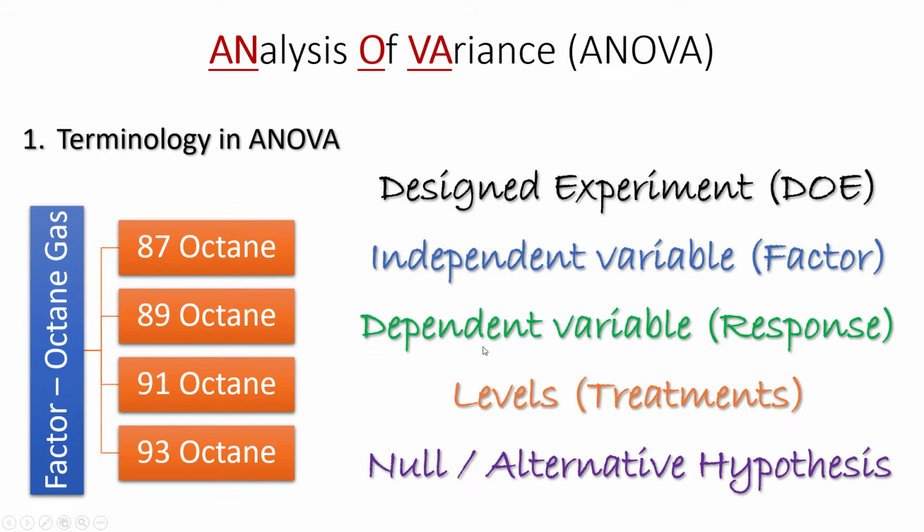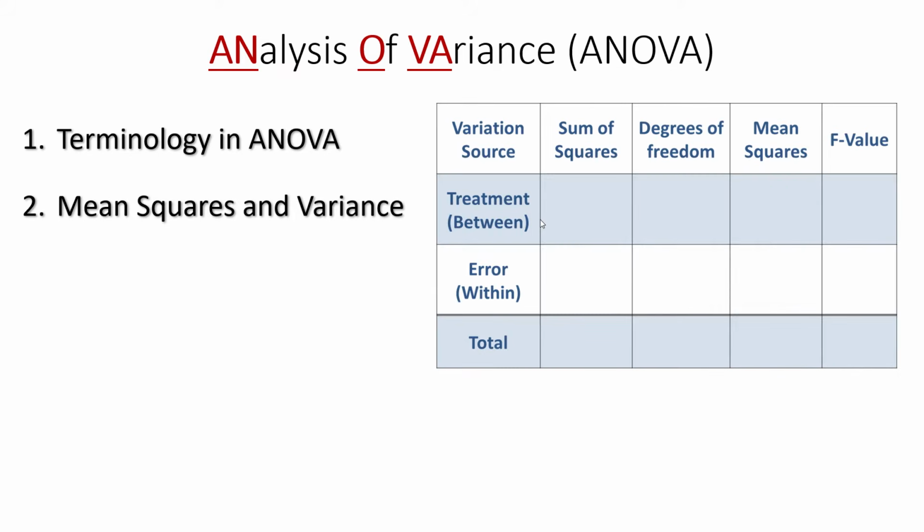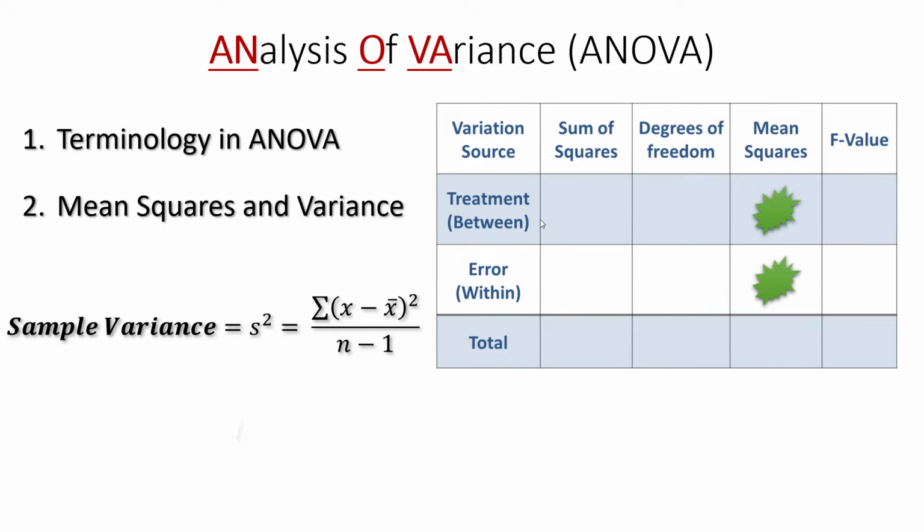So we'll talk about independent variables, dependent variables, factors, responses, levels, treatments, and then ultimately we're also going to talk about the null and the alternative hypothesis. Don't forget, ANOVA analysis is a hypothesis test. So it's important that you understand what your null and alternative hypothesis is relative to the design experiment that you're going to run. Once you understand the basics, we're going to jump into the actual ANOVA process.